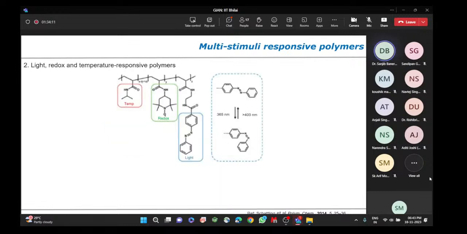I want you to have a close look at this molecule for 30 seconds and then I will discuss.